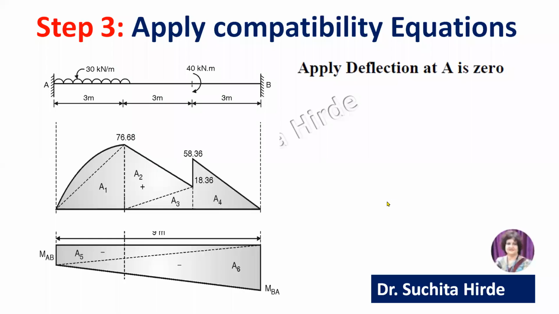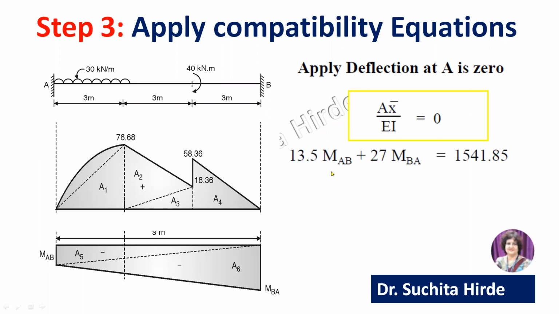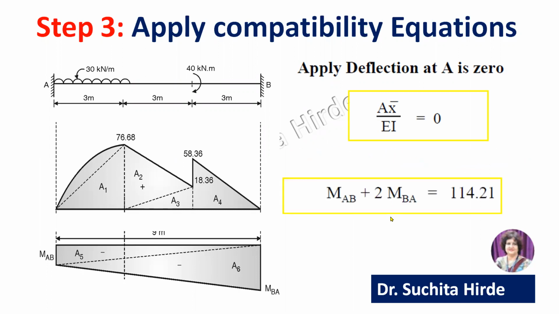Equate it to 0, you will get second equation. If you multiply all the areas by its distance of CG from A and simplify it, you will get equation like this. That is 13.5 MAB plus 27 MBA is equal to 1541.85. If you simplify it further, you will get MAB plus twice MBA is equal to 114.21.